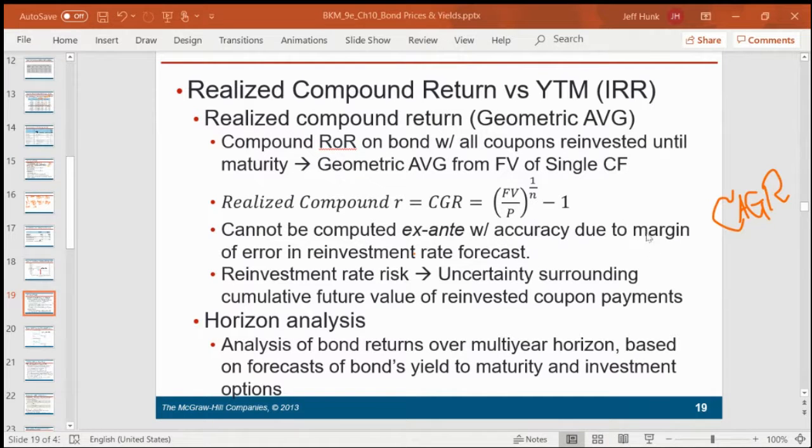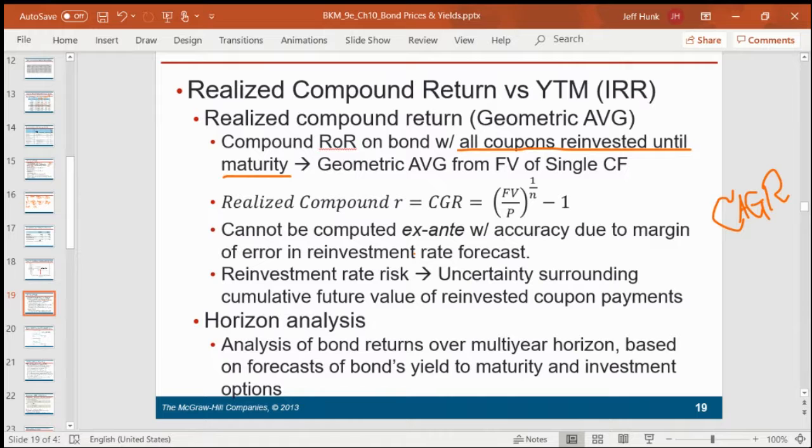No, it can be scenario 1 as well as scenario 2 in this case. Why? What this means is, realized compound return means assuming that, what's the return on the bond if all your coupons are reinvested back into that same bond until maturity.